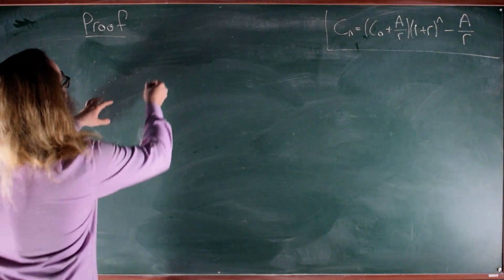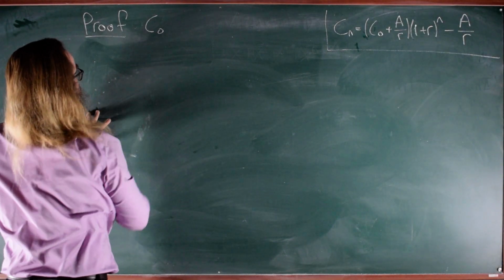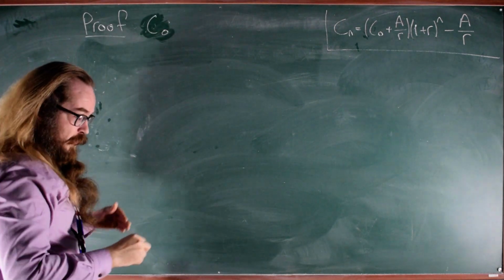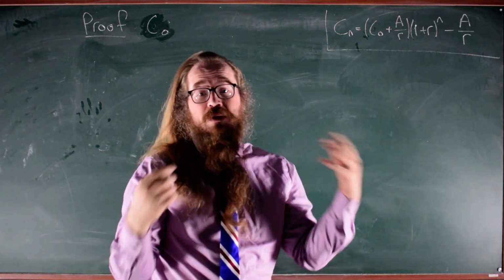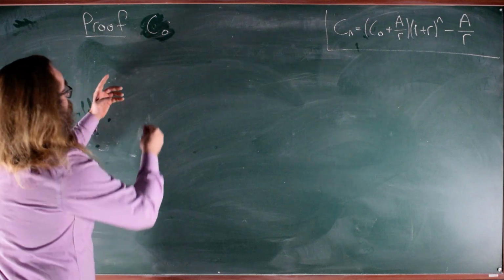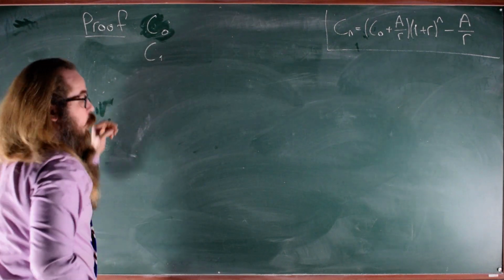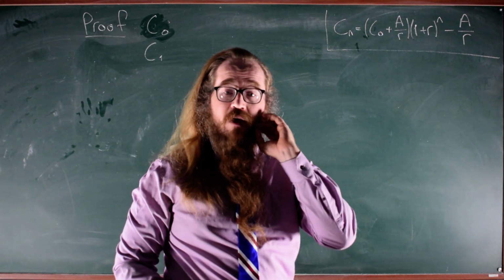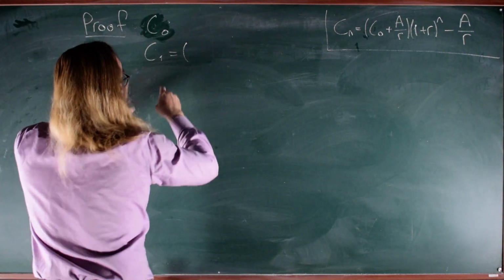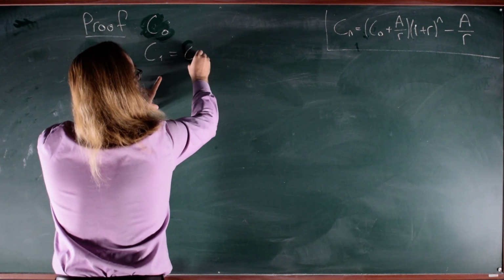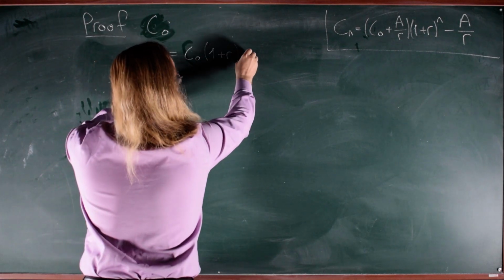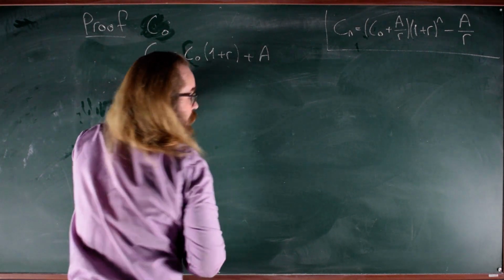Now let's look at our annuities. Let's say we have some initial capital, C0. At the start of the process, I have some initial capital, C0. After one term, after one period, this initial capital will have accrued interest, and then I add one annuity.